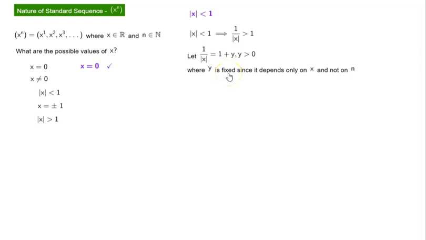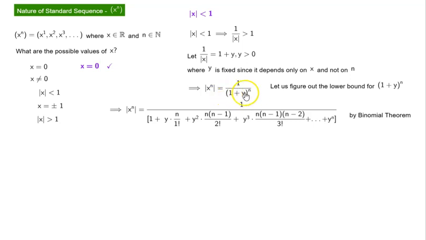And it is fixed, since it depends only on x and not on n, which implies that the magnitude of x to the power of n is equal to 1 by 1 plus y to the power of n. Now let us figure out the lower bound for 1 plus y to the power of n. Now we use the binomial theorem to expand the denominator.